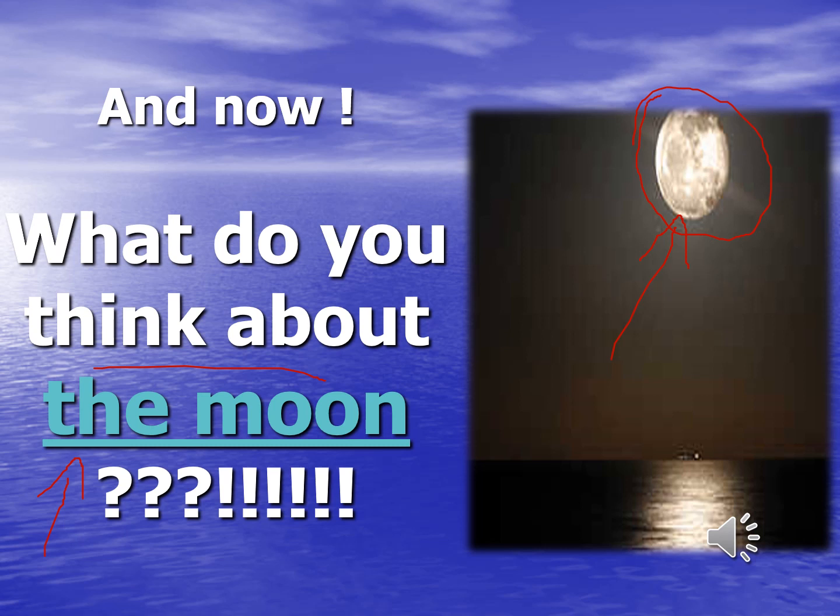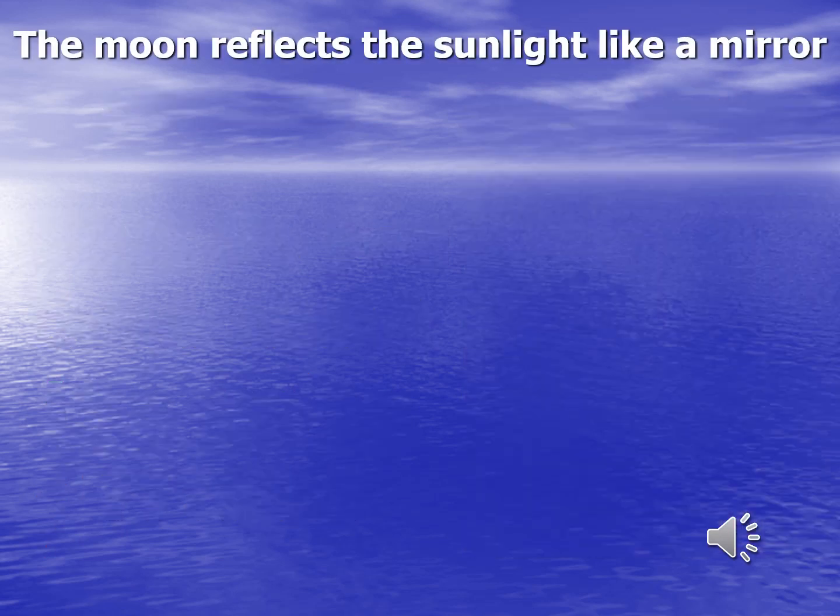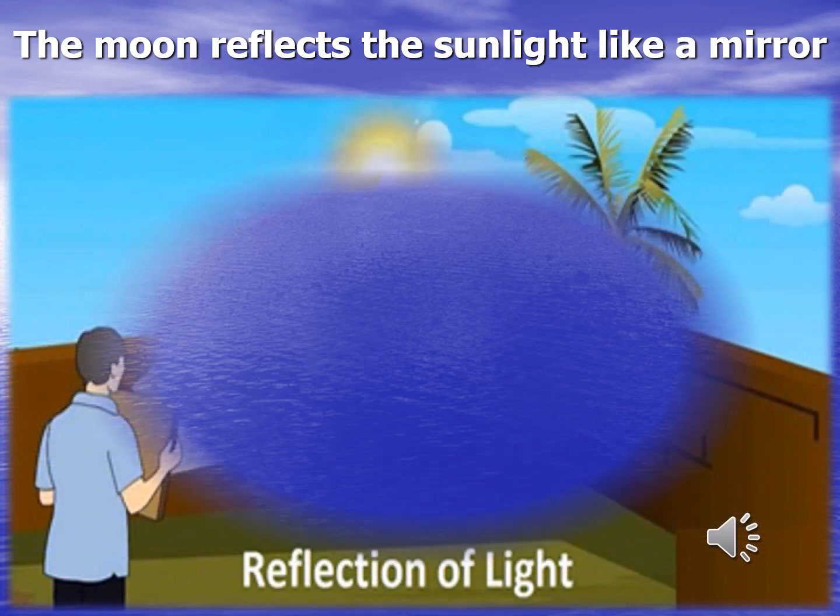But if you are in a lit room, for example, you can see that the surface of the mirror is shiny. Is it correct or not? Yes, exactly. Thank you so much. It will shine like a shiny surface because it reflects the sunlight or any source of light. So the moon is actually not a source of light, it just reflects the sunlight, like this one.